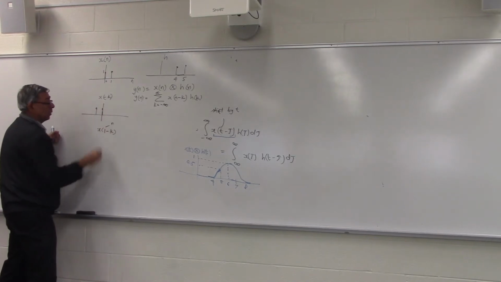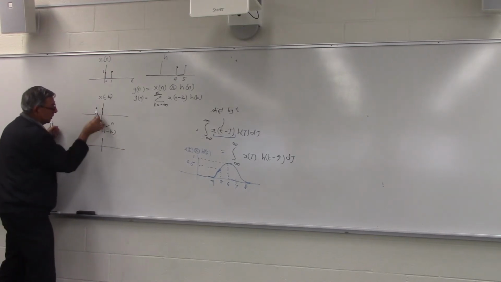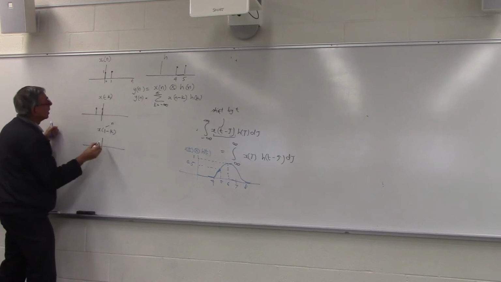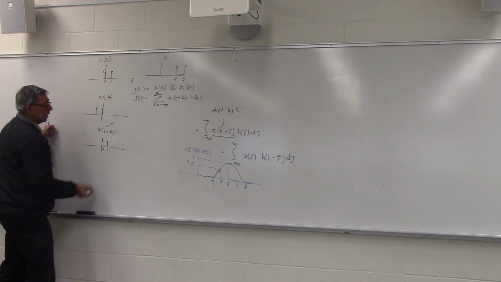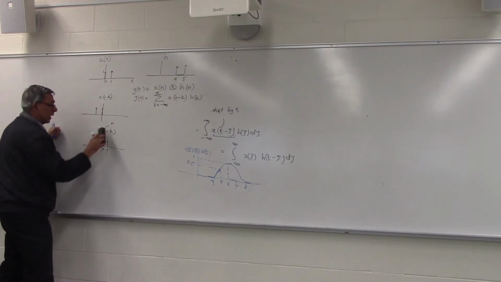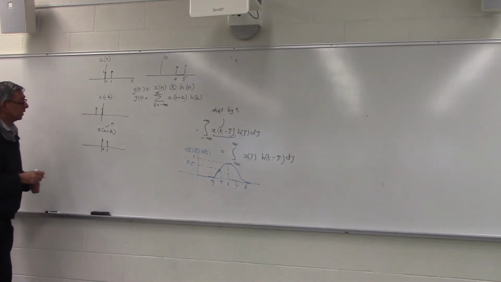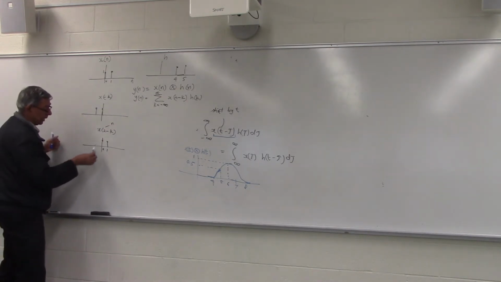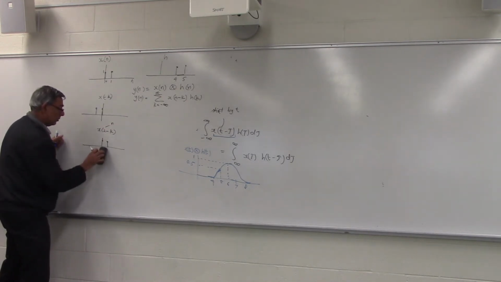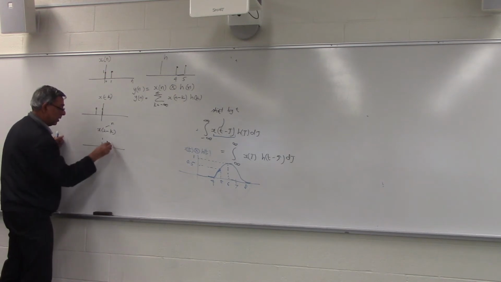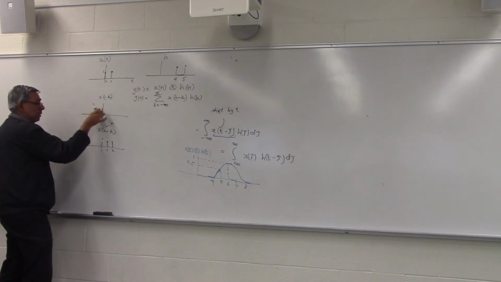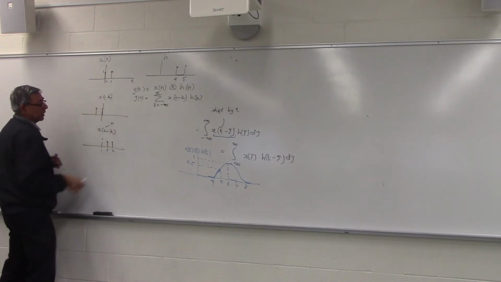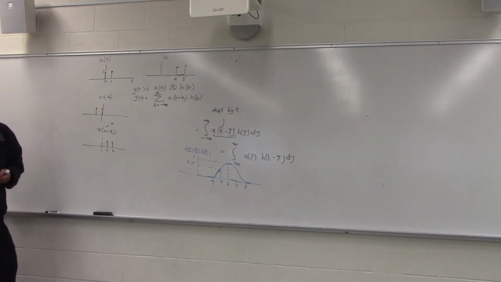If n is 1, that means this got slided to the right. So this is how it will be. Or let's take a look at x of 2 minus k. Then basically this will appear at 2, correct? So we flipped, then 1, then 2. So this is how the x of 2 minus k will look like, right?